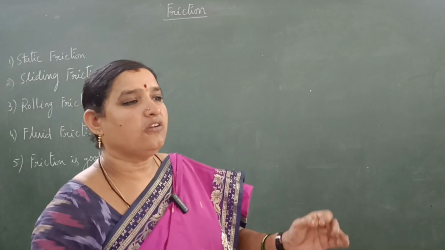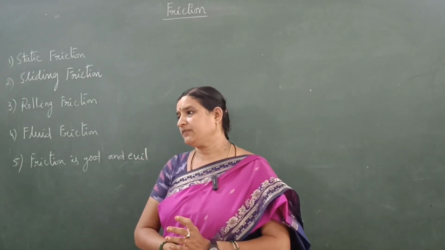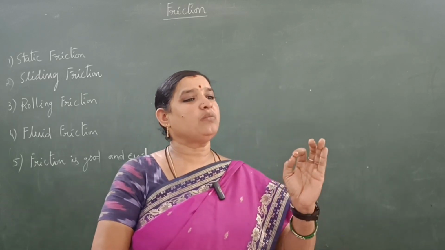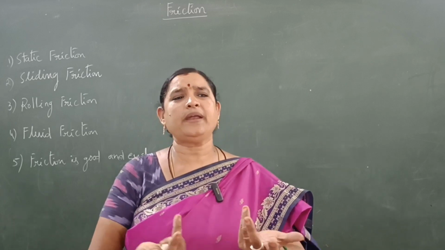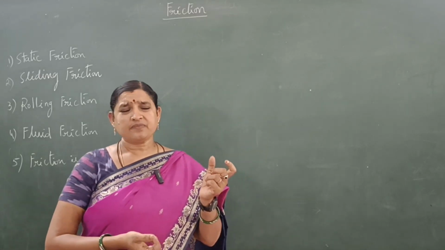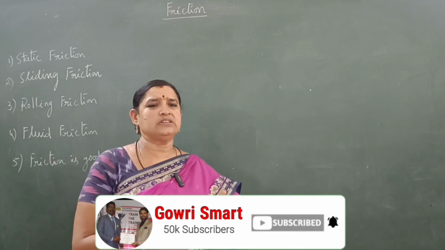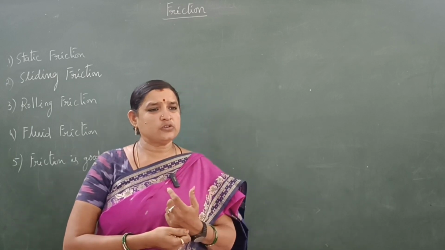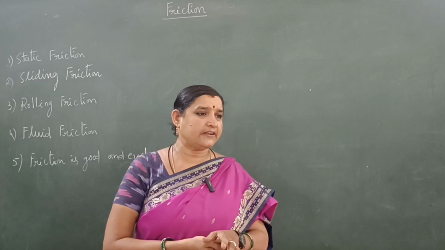Frictional force is always opposite to the direction of motion of the object. What does it mean? It is always opposite to the applied force. The object always moves in the force direction. In whichever direction we apply force, the object will move in the same direction. So, frictional force opposes the relative motion of a body when two surfaces are in contact.